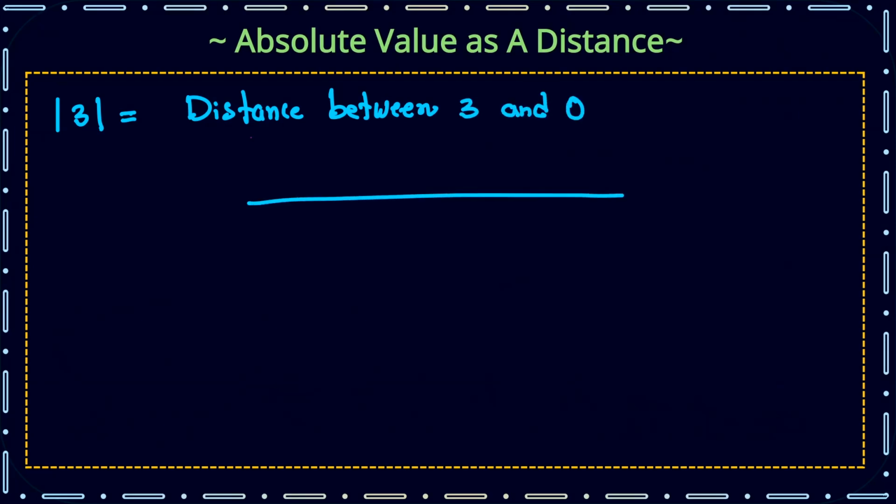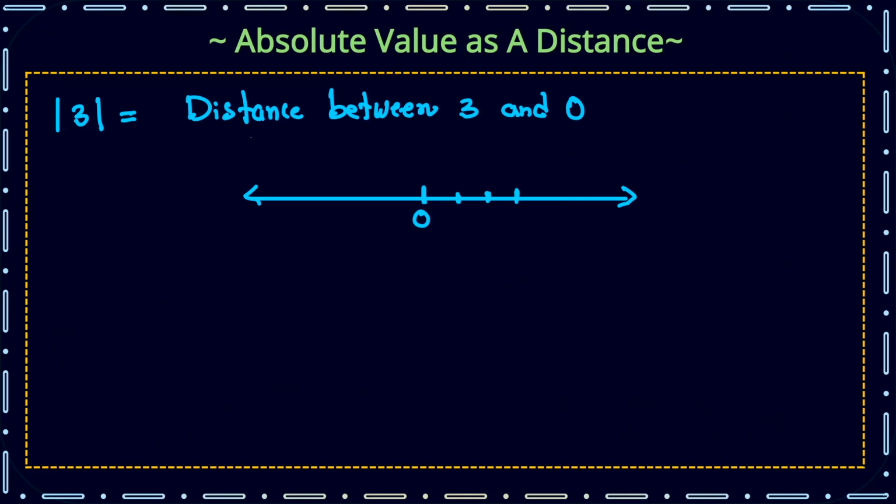Let's say absolute value of 3. It is the distance between the number 3 and 0. I know everybody knows what absolute value of 3 is equal to, but I want to demonstrate this. Think of 0 as the center, as the place where you measure things from.